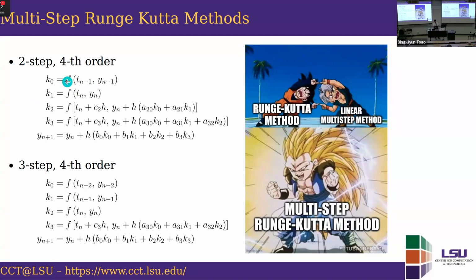Now, why does this prove an advantage? Well, since this information is coming from the past, and this is also being computed at K1, in principle we can just compute the right-hand side, save that, and on the next step, reuse this information that was previously computed. So essentially, we get a 4th order method with 3 stages and 1 past time level reuse.